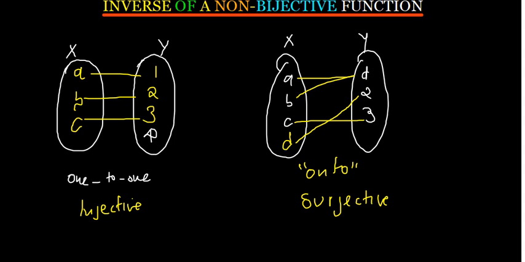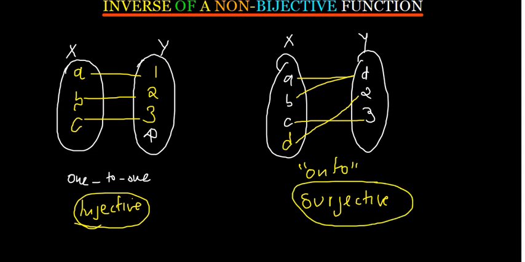Now, if you have a function which is injective and surjective, such a function is what we call bijective. For this function that we are able to see here, it is not surjective. Why is it not surjective? Because we have 4 which is not paired. But it is injective.